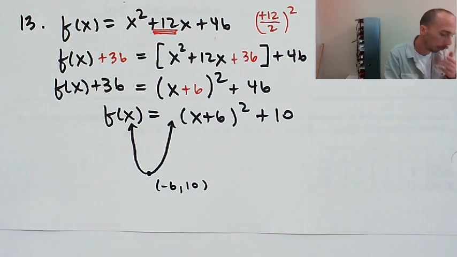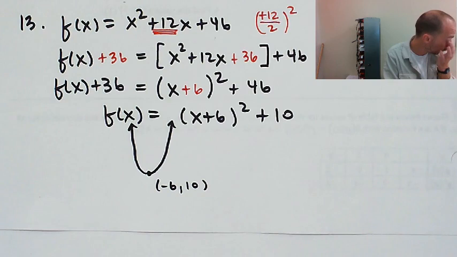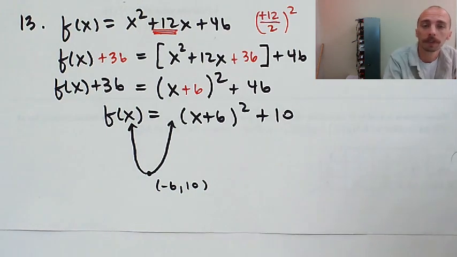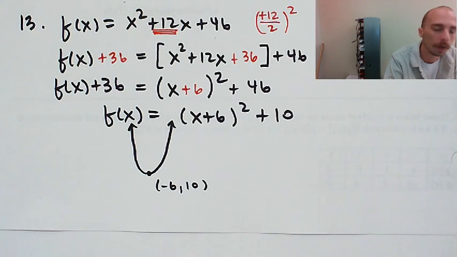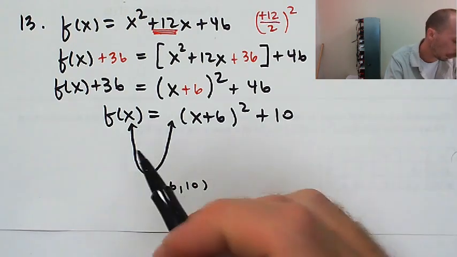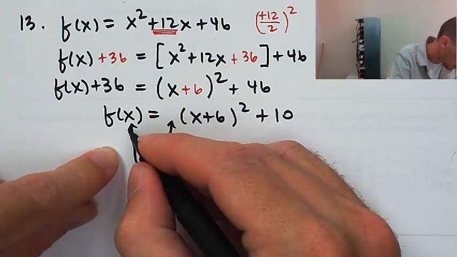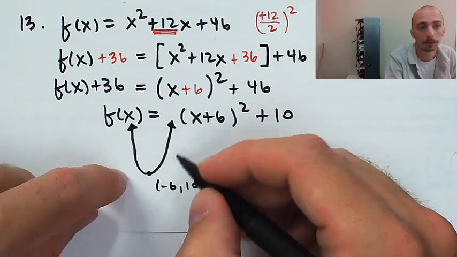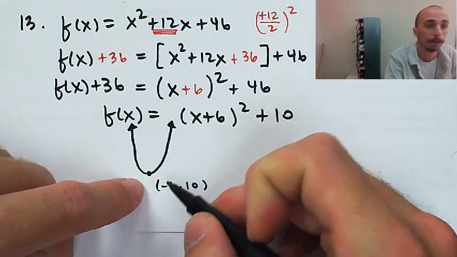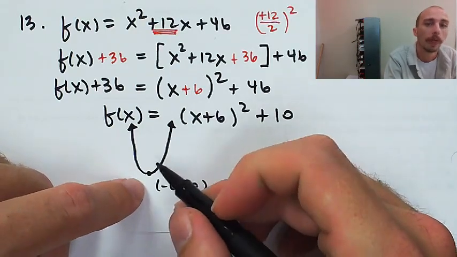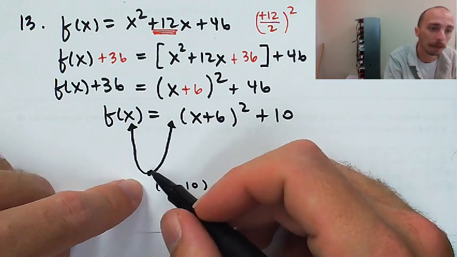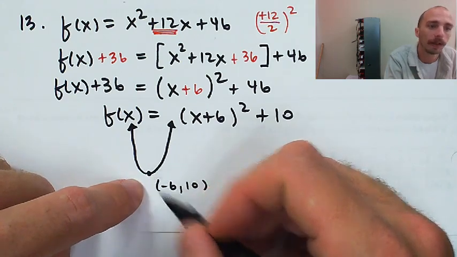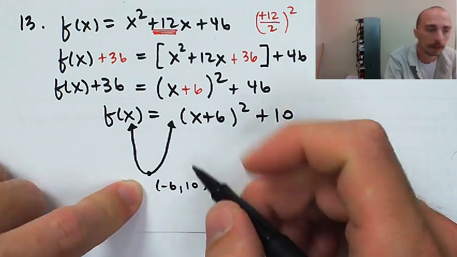So I'm going to say, find the maximum or minimum value of f of x. Remember, f of x is standing in for y. It means y. So if we're looking for the maximum value of y, these arrows indicate that this thing goes on forever. We can make it get as high as we want just by choosing values of x that are far enough away from -6. The minimum value of f happens right here, and the value of f is f of -6 equals 10.